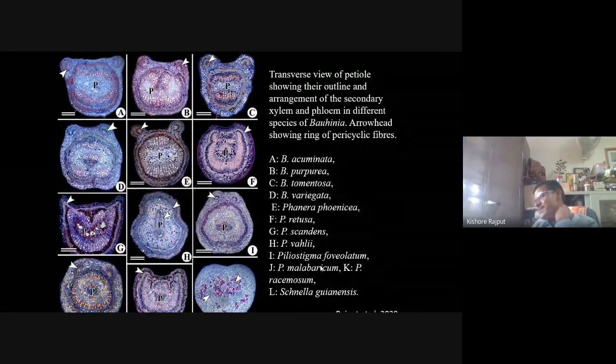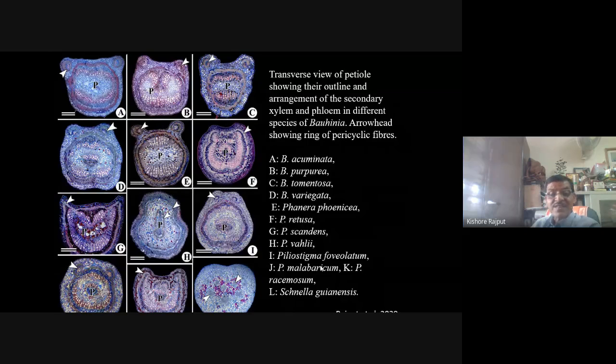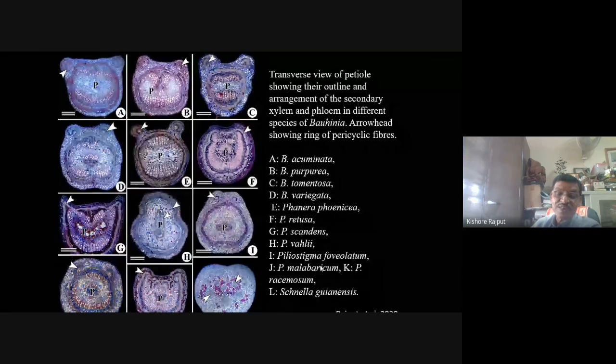Even if there are no flowers, no fruits, because Bauhinia is a very tricky genus having around 350 species, and therefore it has been split into various tribes like Bauhinia, Piliostigma, and others. We have only four tribes here, and all of them have been identified using the anatomical technique of petiole anatomy.